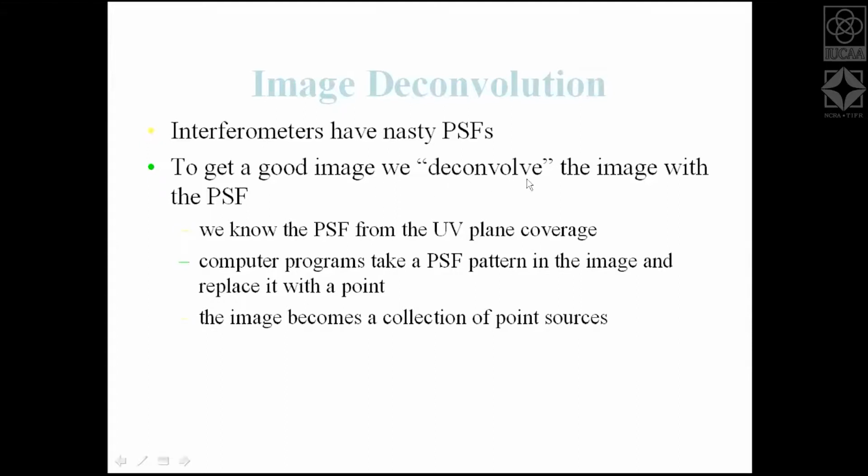One can deconvolve this. What happens is for every point in the image, you have a replica of the point spread function scaled by the intensity of that particular source. And so effectively, it's a convolution of the true brightness distribution with this point spread function.